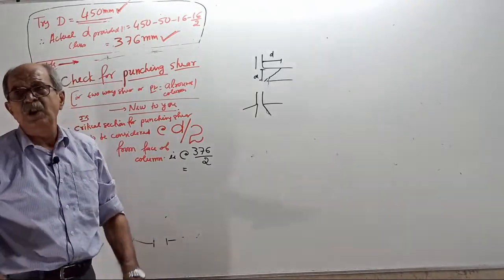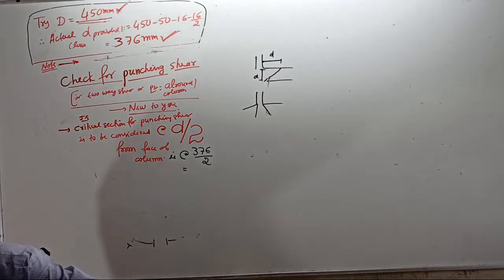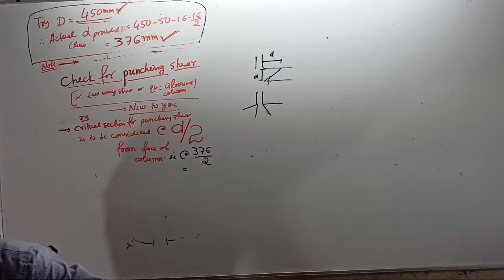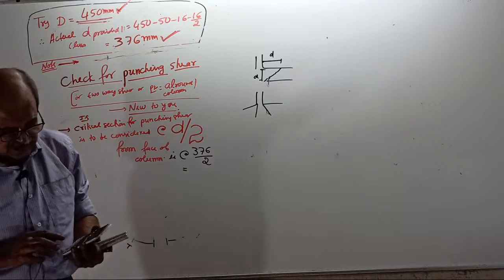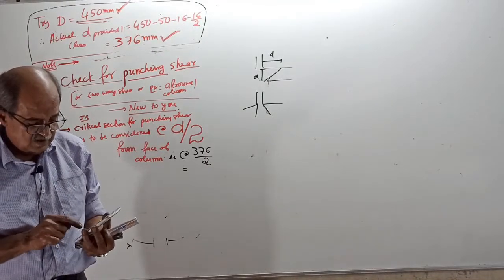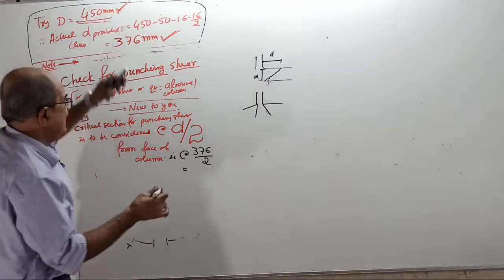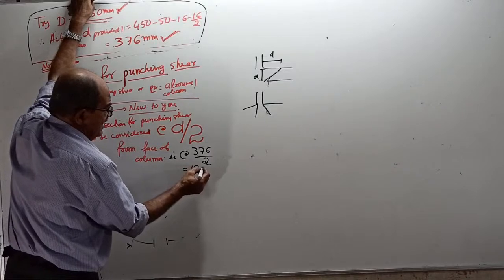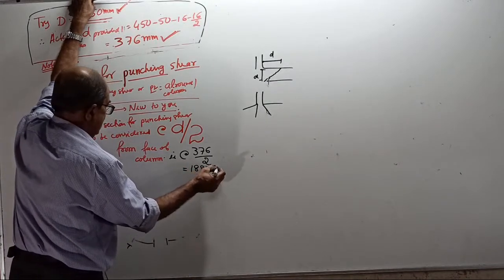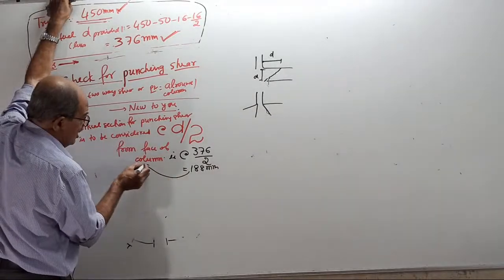I don't have to take a calculator for that one. 376 by 2 is 188. That is 188 mm from the face of the column.